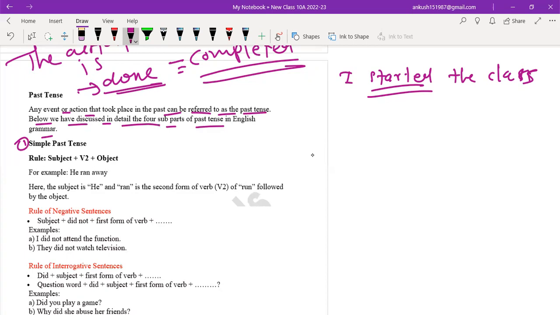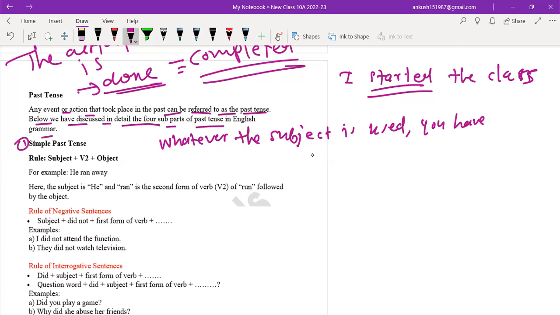Whichever subject is used, you have to use the main verb, second form only, with any subject, whether singular or plural.